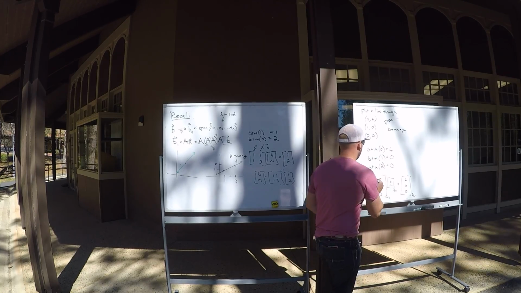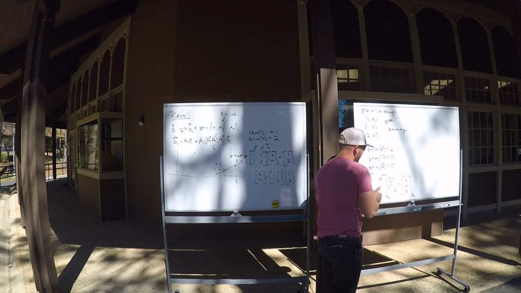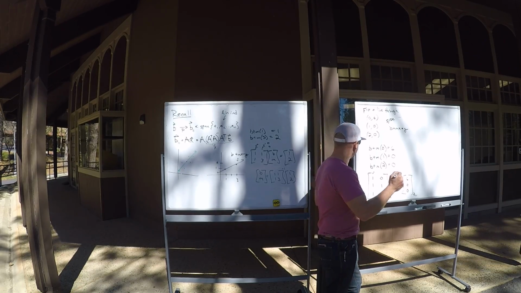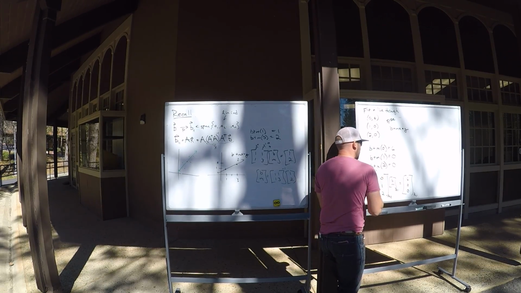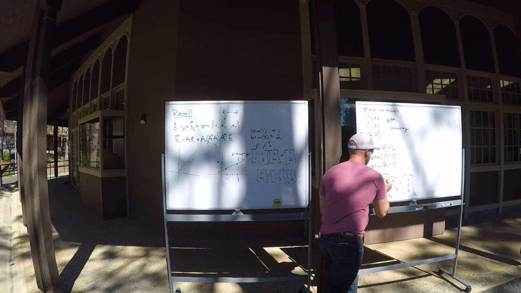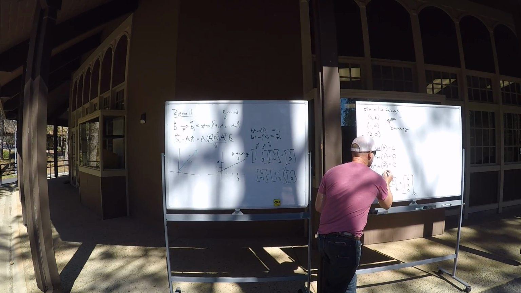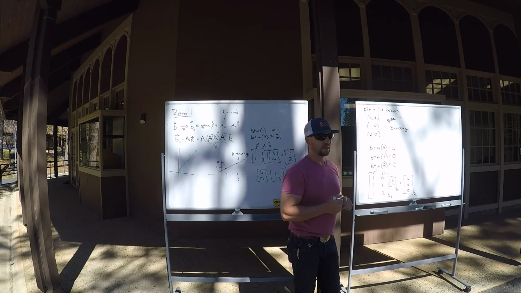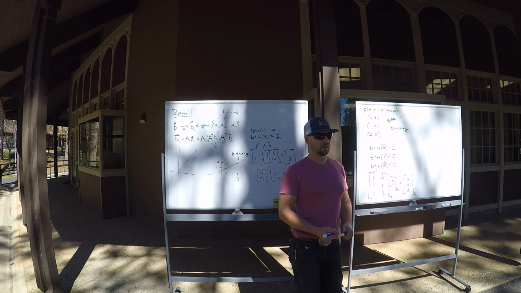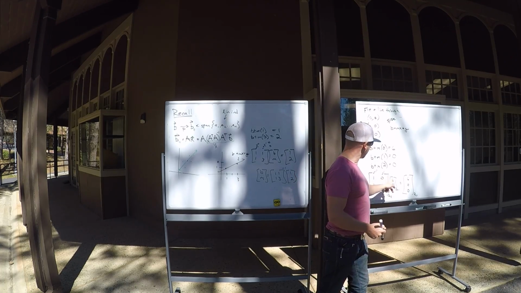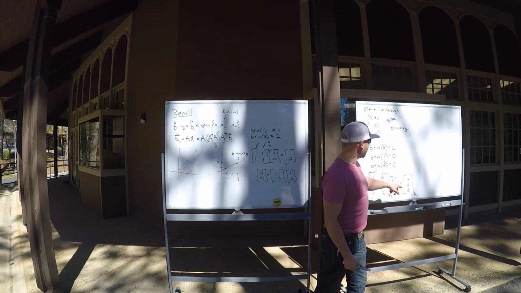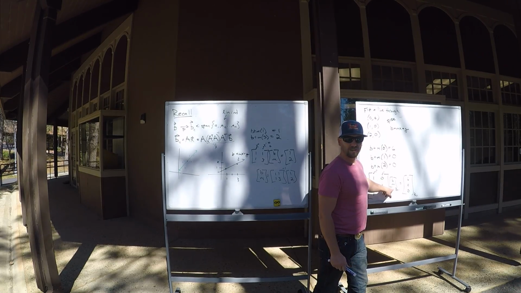Again, I'm going to keep emphasizing this because I want to be able to scale up a little bit. These are my x's to the 0 power, and these are my x's to the first power. If I was doing a parabolic regression, I would have a third column that would be my x's squared, and I would have a third item in here.